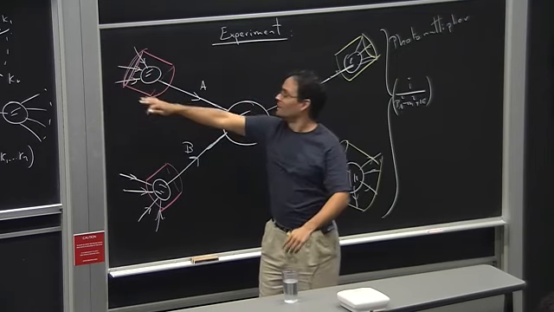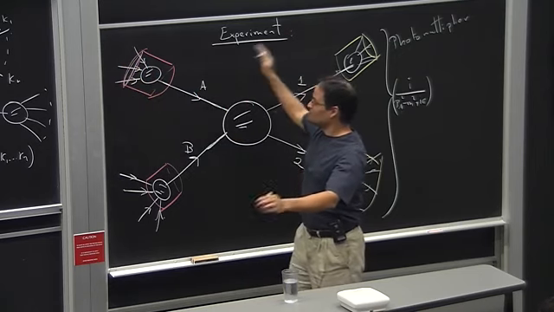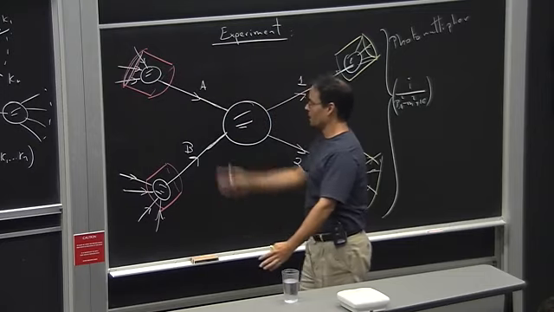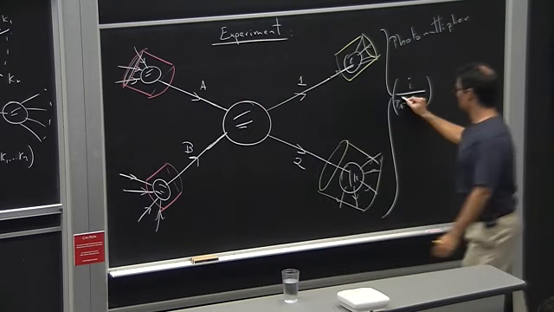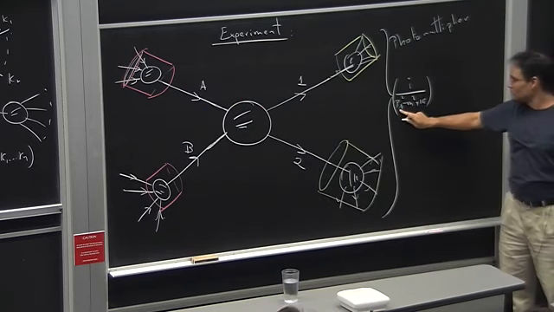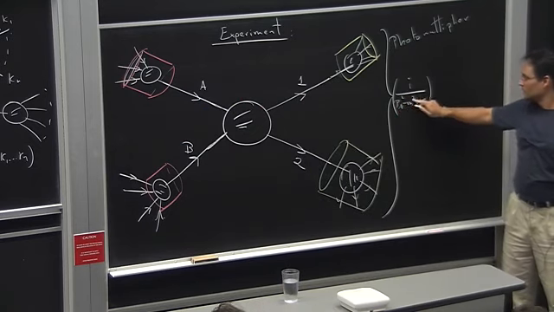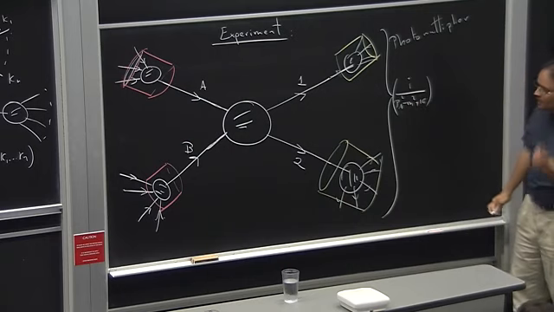All we know is that before we take any limits, the big amplitude has a pole of the form P_A squared minus m squared plus i epsilon, where P_A is the sum of these momenta.